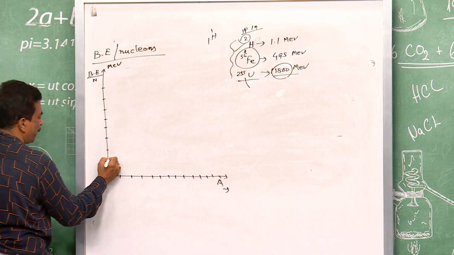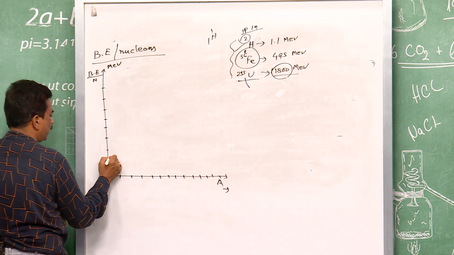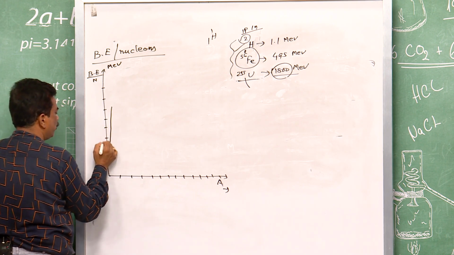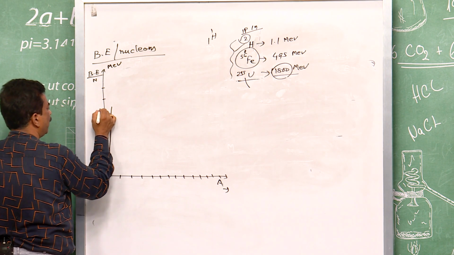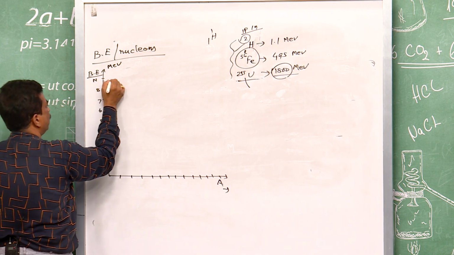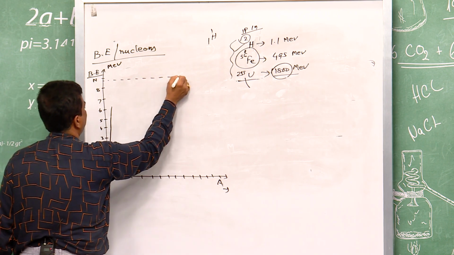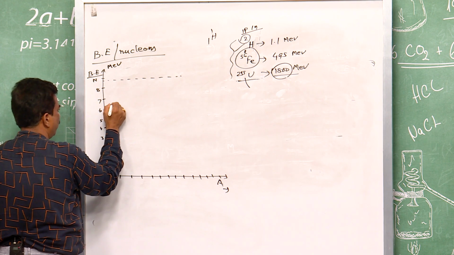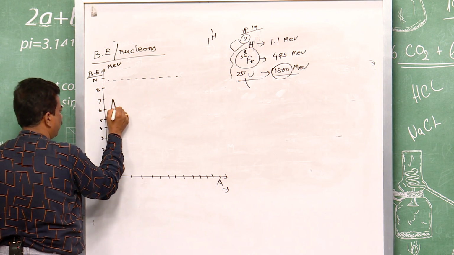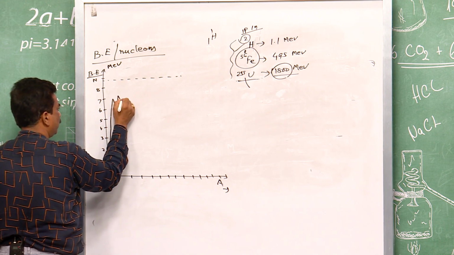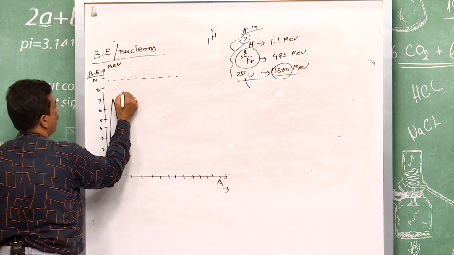And it is found that the curve goes to 8.8. From 1, it will go to 7, then it will come down, then it will go up, then it will come down, then it will go up.